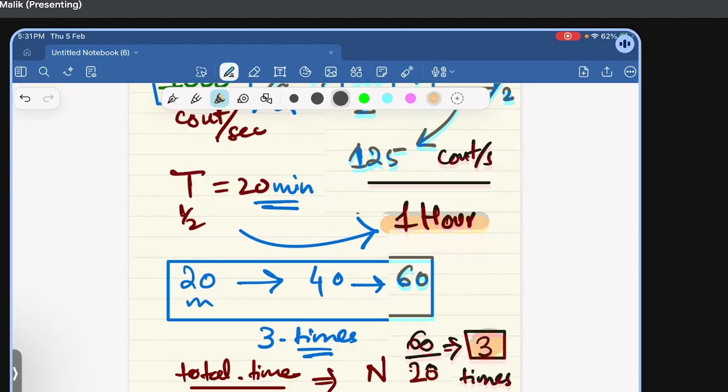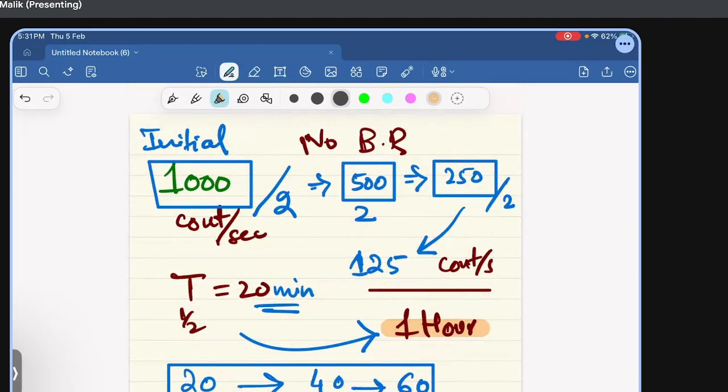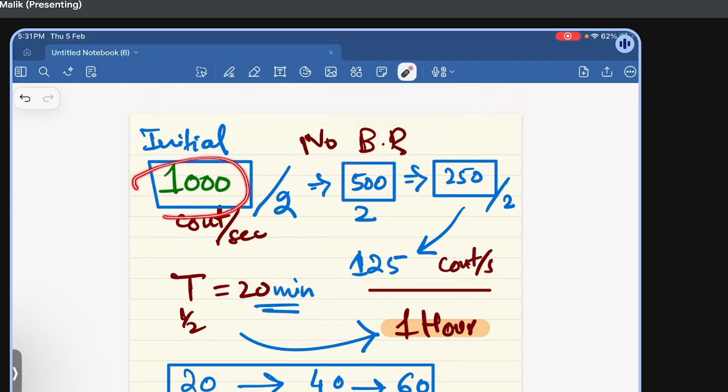How many counts have decayed in this? How many counts or atoms have decayed, vanished? Subtract from 1000. 125 are left basically, Mishal. So how many have decayed? 875.